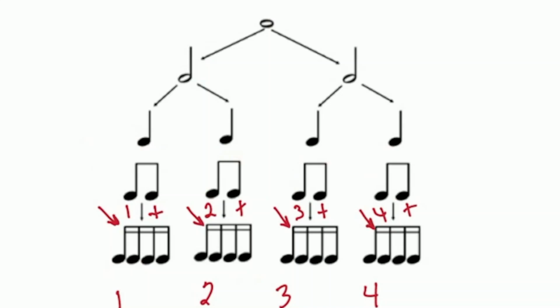We just said that 2 16th notes equal 1 8th note. So the way we're going to count these 16th notes is 1 E and, 2 E and, 3 E and, 4 E and.